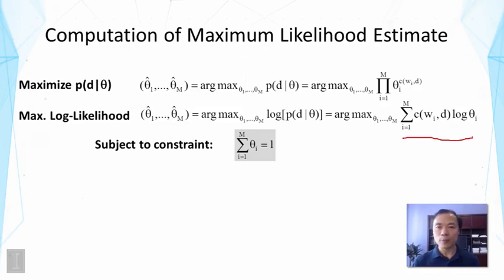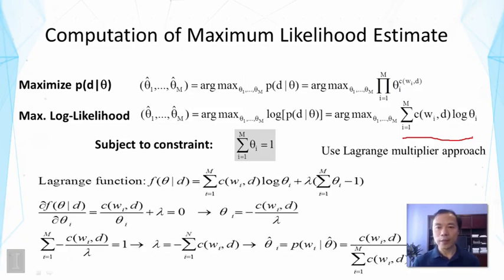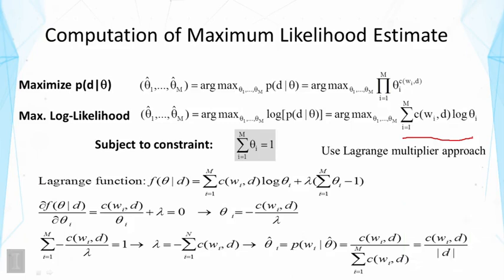So one way to solve the problem is to use Lagrange multiplier approach. Now, this content is beyond the scope of this course, but since Lagrange multiplier is a very useful approach, I also would like to just give a brief introduction to this for those of you who are interested.